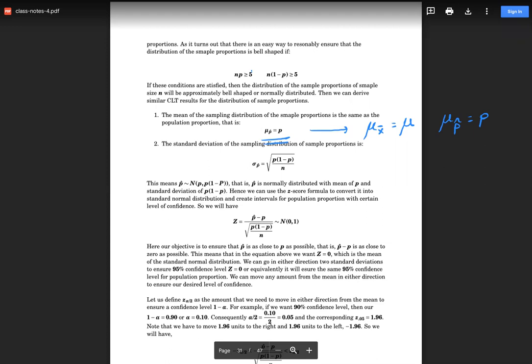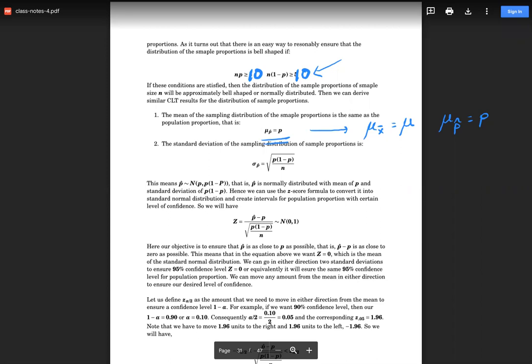When n times p is greater than or equal to 10, and n times 1 minus p is greater than or equal to 10. And I have made this correction last time. So please make sure that you have this fixed. So the product of n times p has to be greater than or equal to 10, and the product of n times 1 minus p has to be greater than or equal to 10.